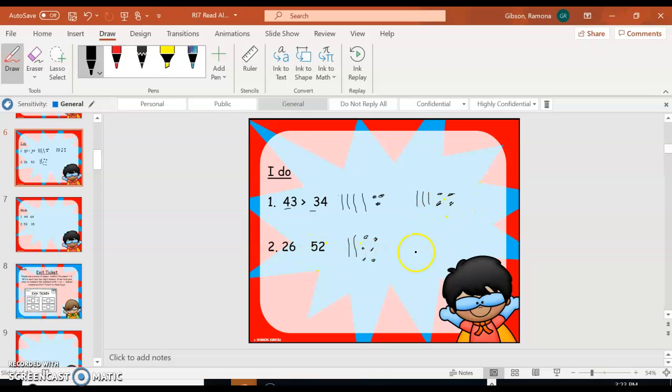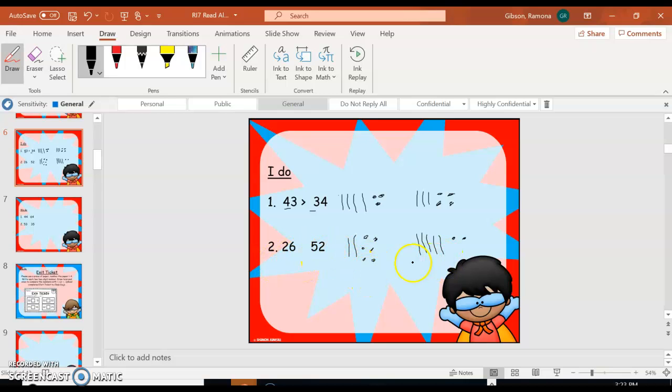Then I'm going to draw the number 52 on the right side. 10, 20, 30, 40, 51, and 52. Okay, guys, so now I see that for the number 26, I only have 2 tens and 6 ones.